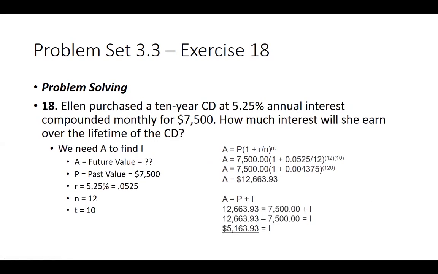Number 18. Ellen purchased a 10-year CD at 5.25% annual interest compounded monthly for $7,500. How much interest will she earn over the lifetime of the CD?